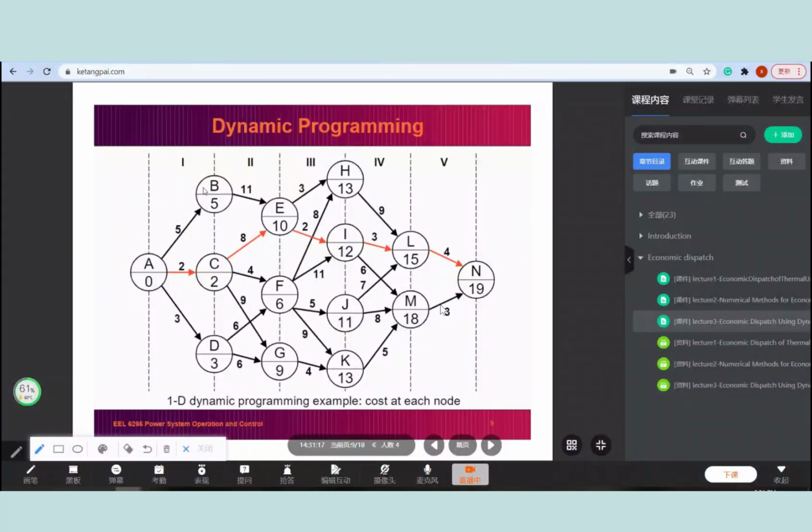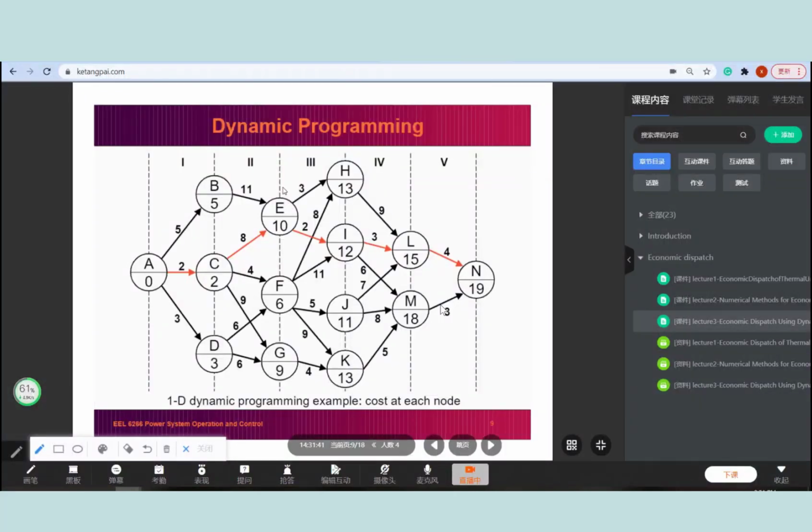Means that you travel from A to B, the cost is 5. We just the red number here in the circle. Okay. So based on this number, we know that from A to B 5, A to C 2, A to D is 3. So we want to continue to go to the next stage.